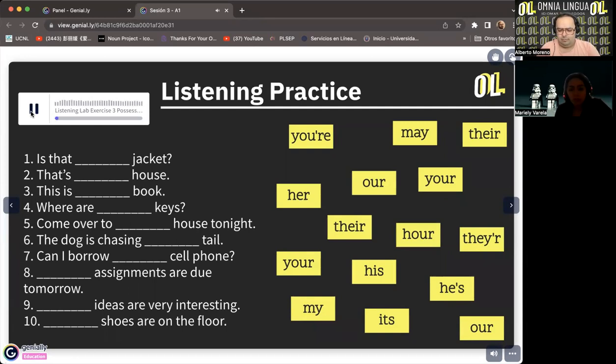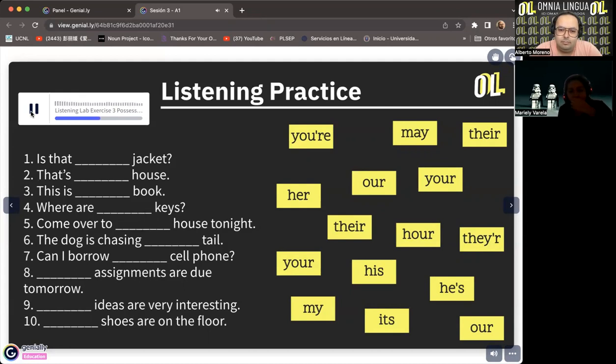Listening Lab Exercise 3. Possessive adjectives. Provide the missing possessive adjectives. 1. Is that your jacket? 2. That's their house. 3. This is his book. 4. Where are my keys? 5.